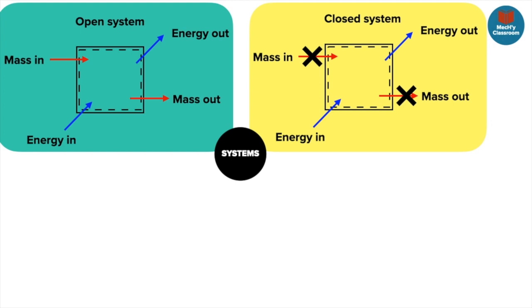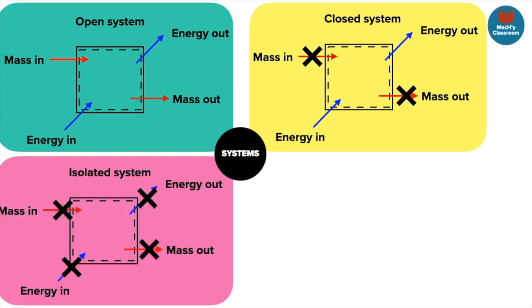Next, closed system. Closed system is in which only energy transfer can take place. The energy can be heat as well as work, but there is no mass transfer involved in a closed system. Moving to the isolated system. In isolated system, neither mass nor energy crosses the boundary of the system.